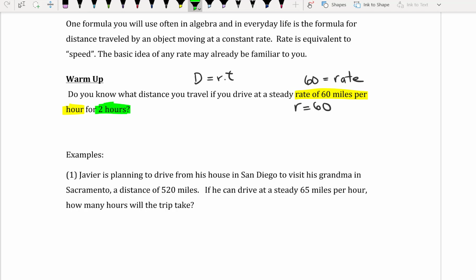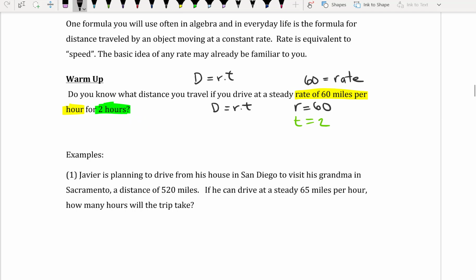And I also have my time. So I have hours, which represents my time, which is going to be 2. So I have my time is equal to 2. So now if I have that formula, distance is equal to rate times time, I'm just going to be plugging in my values.